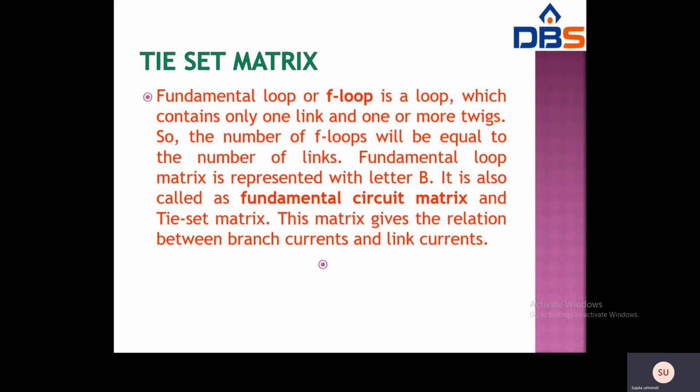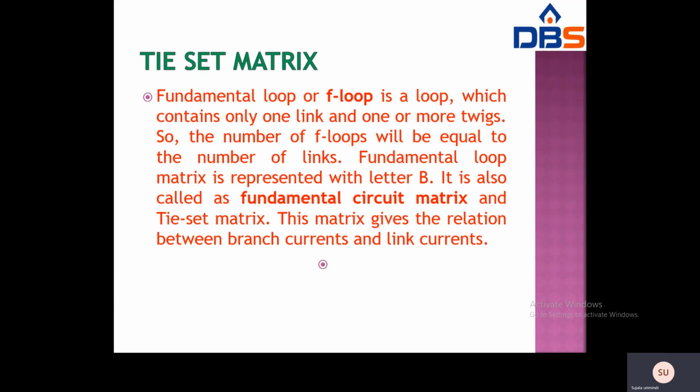Suppose in the circuit there are 3 links, then the loops are also 3. So the fundamental loop, or F loop, is a loop which contains only one link and one or more twigs, and the number of F loops is equal to the number of links.